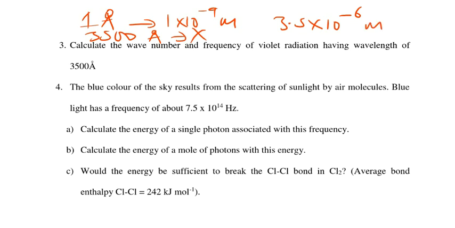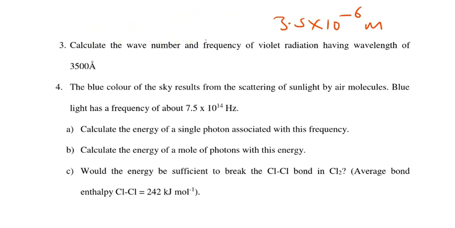That is basically the reason why we use expressions like angstrom and nanometers, to represent these smaller values better. Our goal is to determine the wave number and the frequency of that radiation. We've been given the wavelength, so the wave number, which we denote as v with a bar on top, is just 1 over the wavelength.